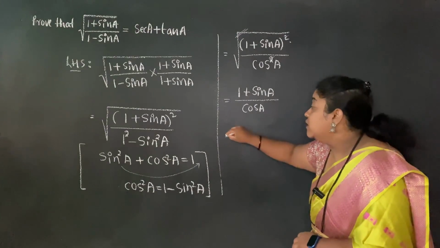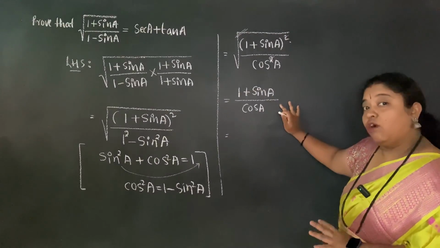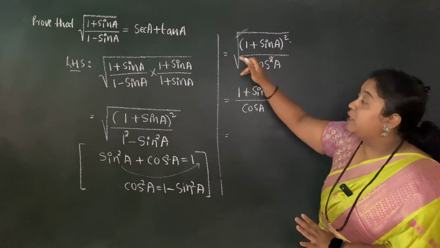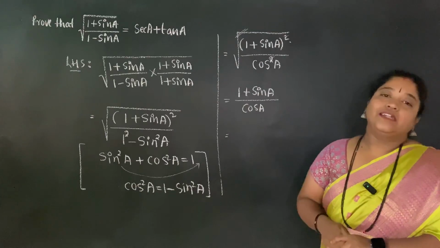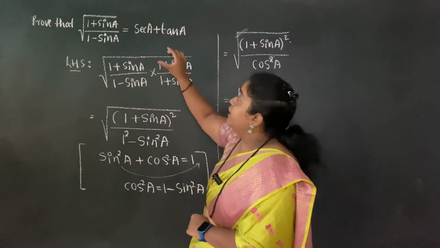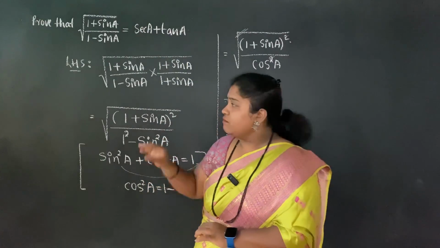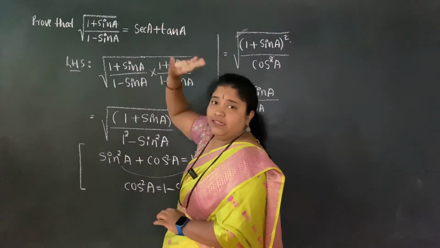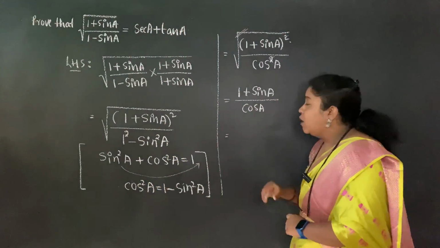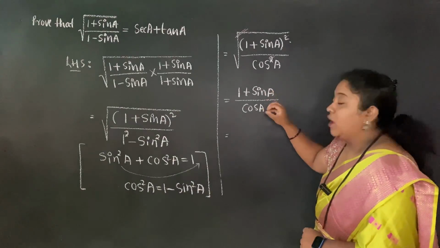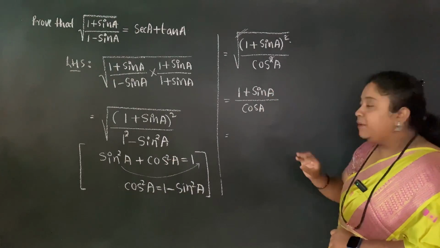Now further I cannot simplify, that I know, but what is the RHS part I need to have? See here, I need to have cosec A plus tan A. However, I have to reach a point cosec A plus tan A. Now what I do is, I'll split this one and write. Means how?